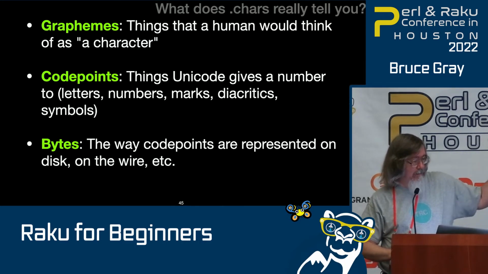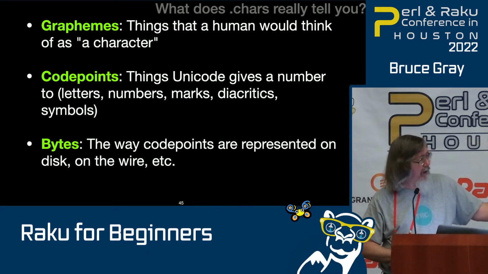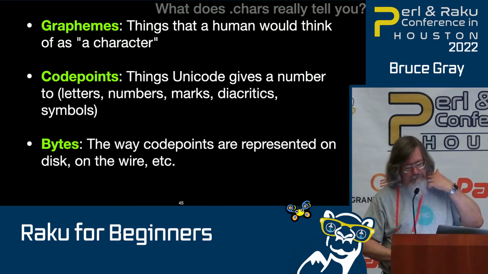Unicode has this concept of levels. Graphemes are the actual characters like you would draw. Code points are the codes that represent them, and that could be multiple code points because some things are combining characters. And bytes, byte for byte, what ends up on the wire.